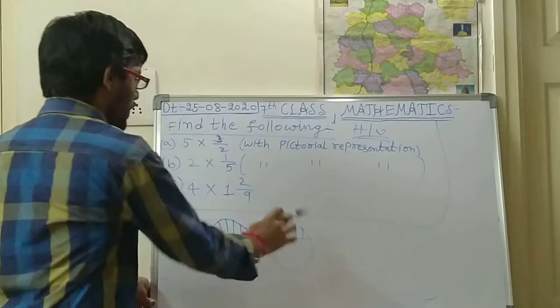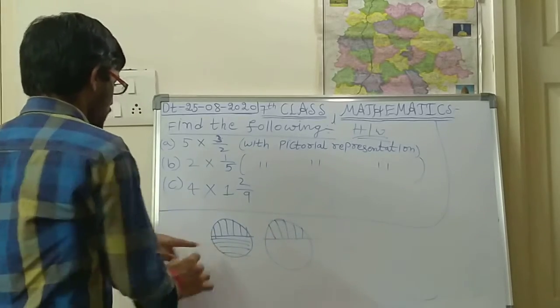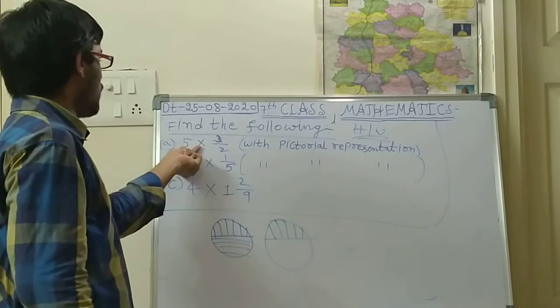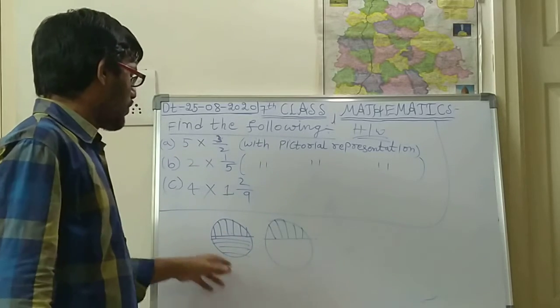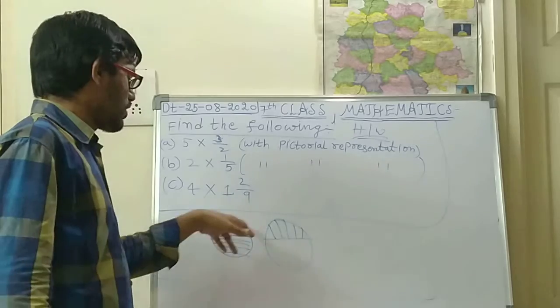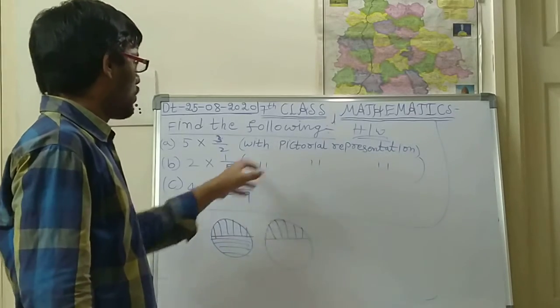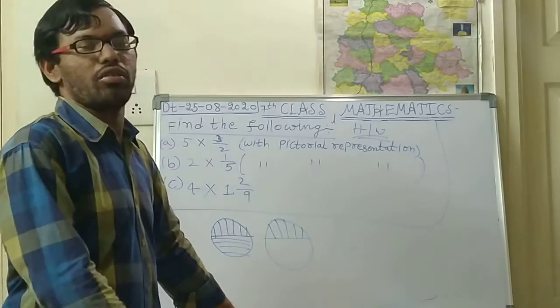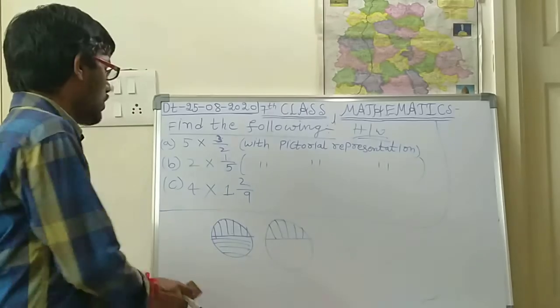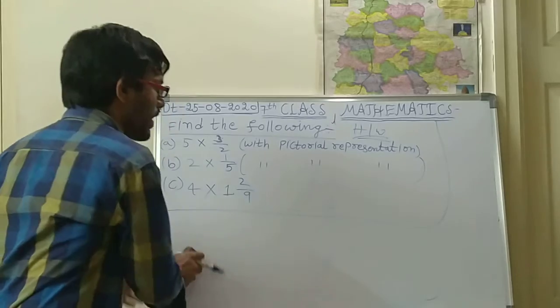Now you have done 3 shades. So this is 1, this is 1. Like this you draw 5. Okay. 1, 2, 3, 4, 5. After that, count the total number of shades and arrange the shades as in the previous problem, how I have done. Okay. So I think you will be doing this homework very easily.